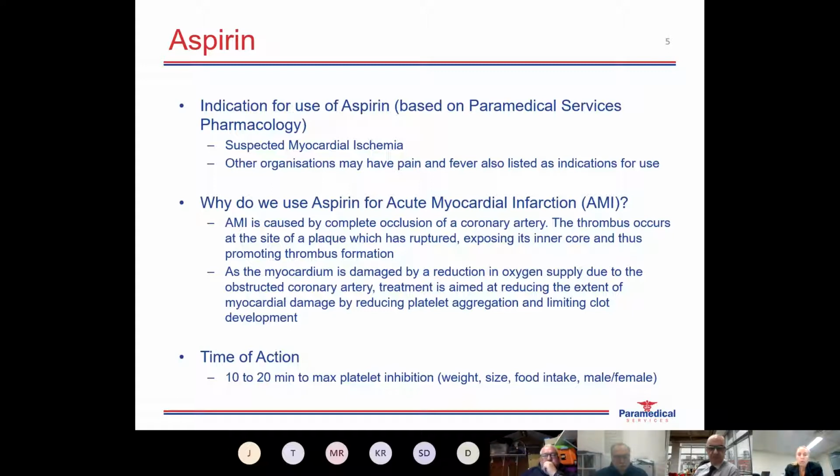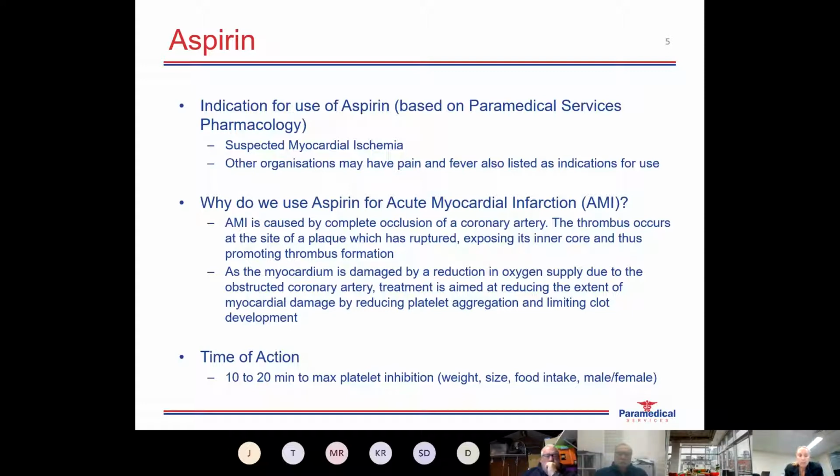Because we've got exposure of the artery, as far as the body is concerned, we have an injury there. We have an insult to the actual artery, and therefore it is undertaking hemostasis, where it's actually starting to fix the site of injury.